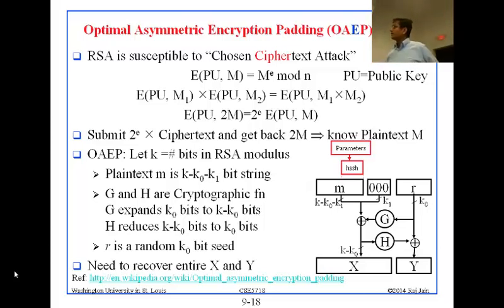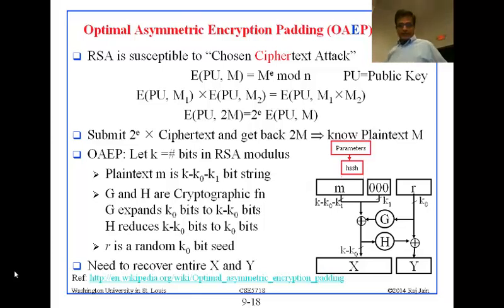So you don't pad with zeros. What you do is pad with something which I will show in a minute. But basically, you take the message. Let's say the message is less than the number of bits that you need. So you need k bits, and the message is k minus k0 minus k1. So this is the message size, and you add k1 zeros, and k0 bits of something else.